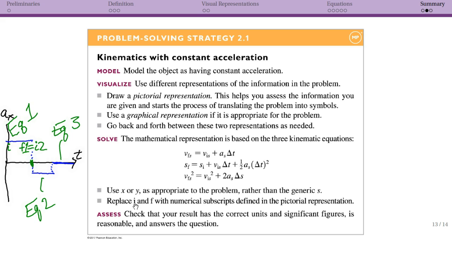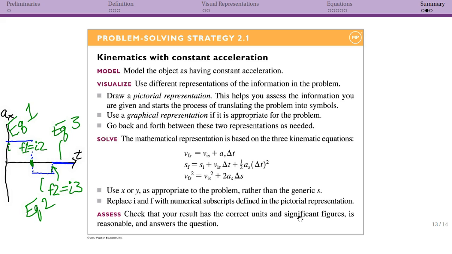This moment in time. And then this moment in time is my final for equation 2, but that equals initial for equation 3. So please think about that carefully, that you don't just want to use i and f, that especially in these situations where you have multiple points of time that are relevant, you need to actually have careful notation across multiple sets of equations.